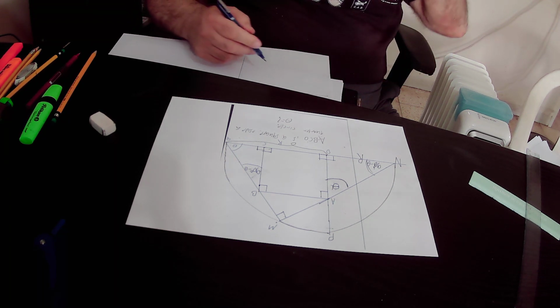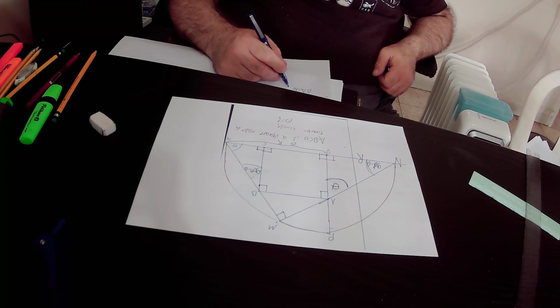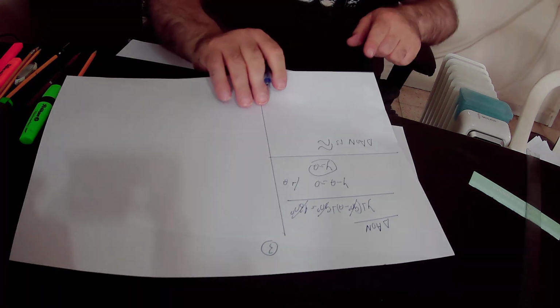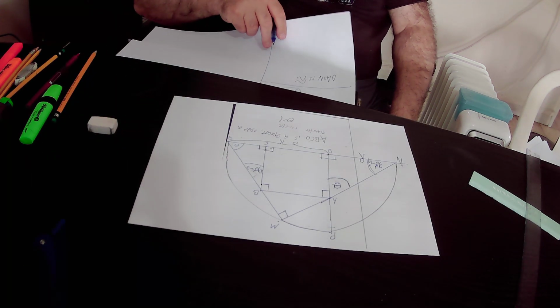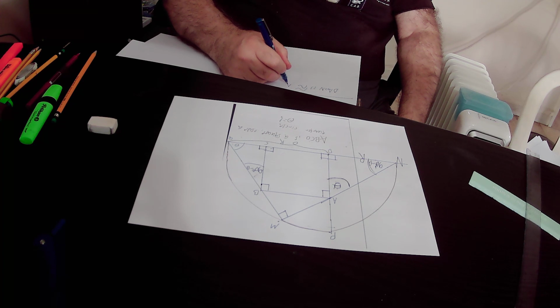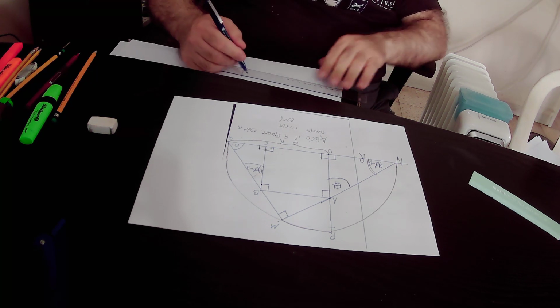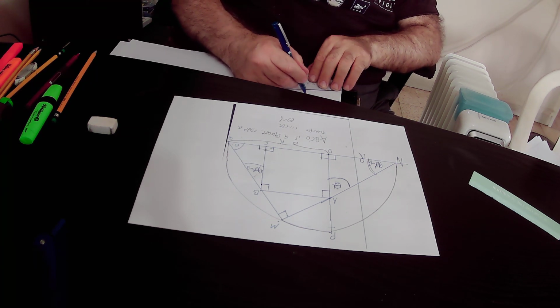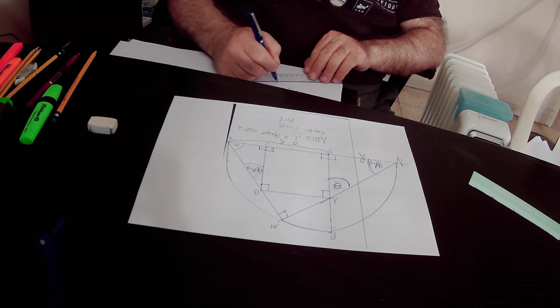So we can write down that the right triangle, triangle AON, is similar to the right triangle, triangle BCQ, according to the angle similarity rule. This is the sign of similar.